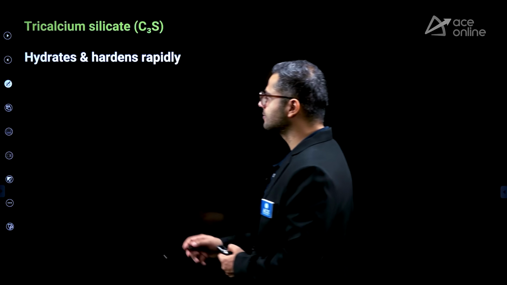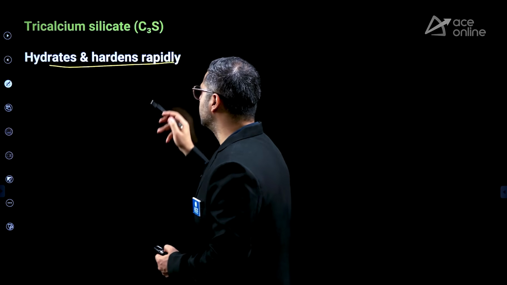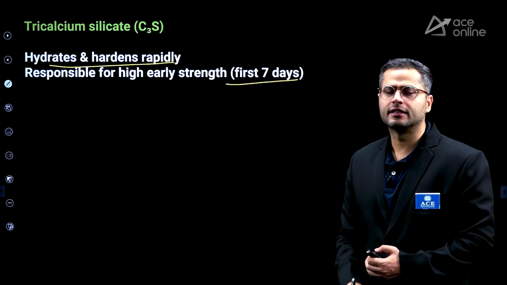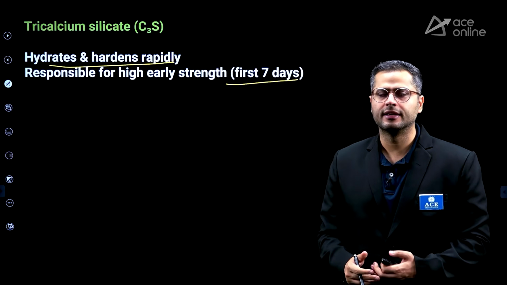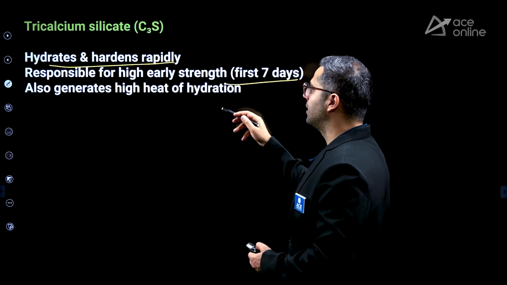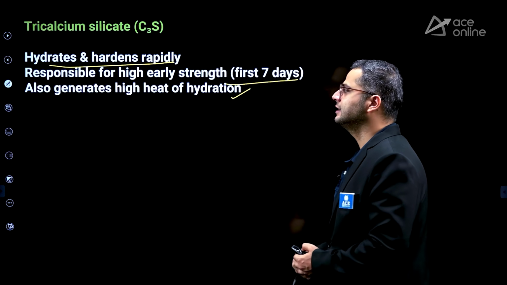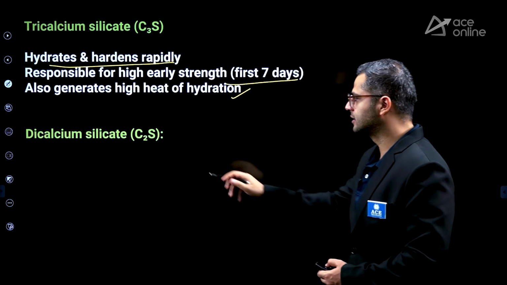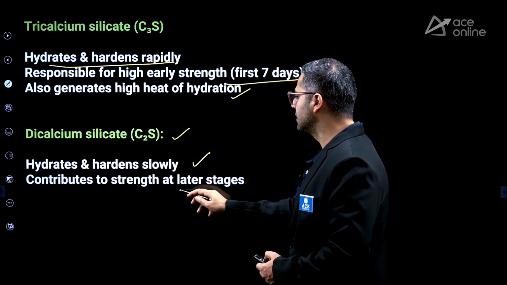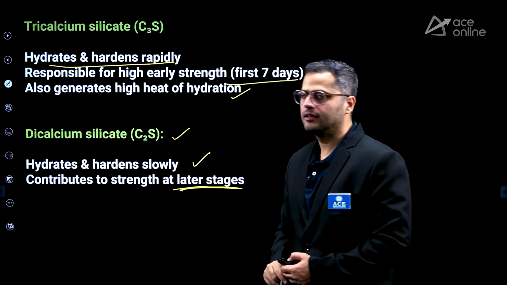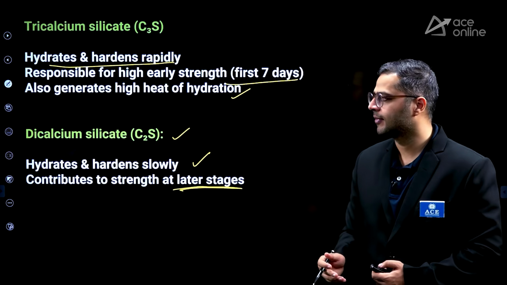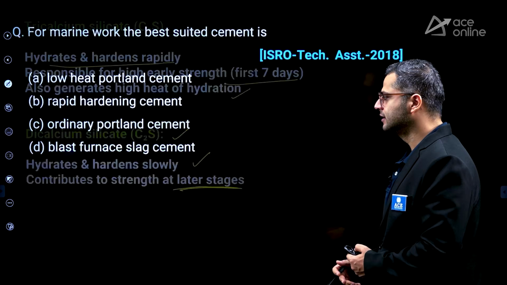So over here, as we know, it hydrates and hardens quickly, and mostly within the first 7 days you would see that the strength is being produced by C3S, and beyond that it will be C2S, and the amount of heat generated by C3S is more than C2S. So C2S hydrates and hardens slowly, and it is the compound which produces strength at later stages, right? So it contributes to strength at the later stages.